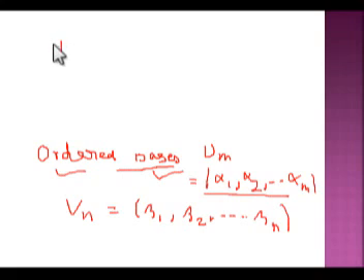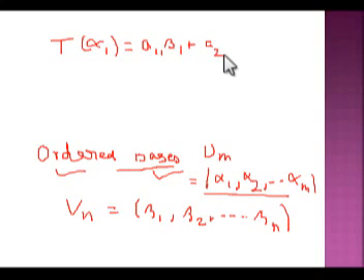First step, T alpha 1 will be a11 beta 1 plus a21 beta 2 plus and so on, up to an1 beta n.